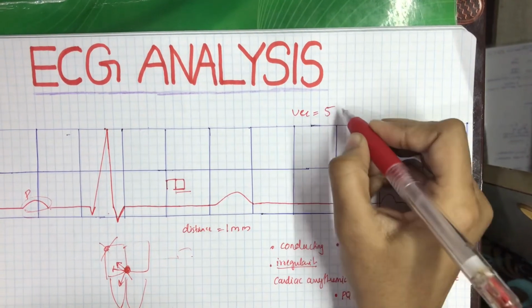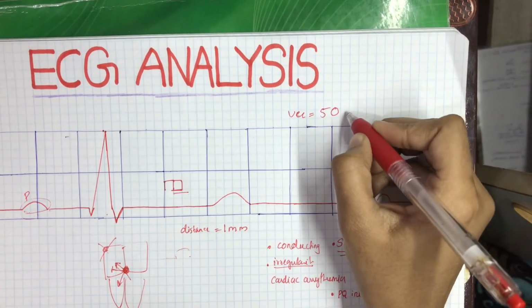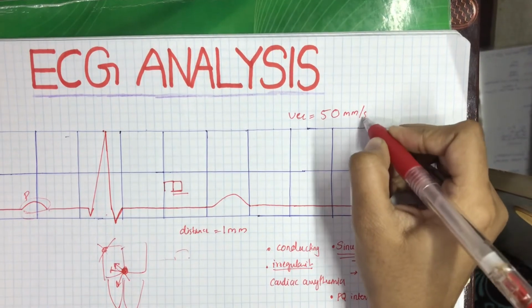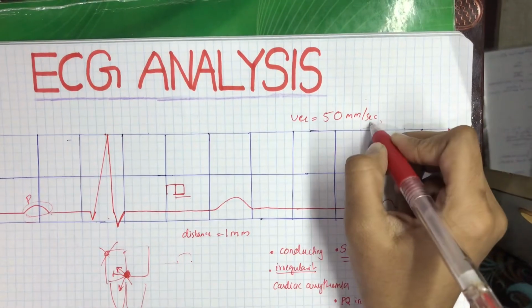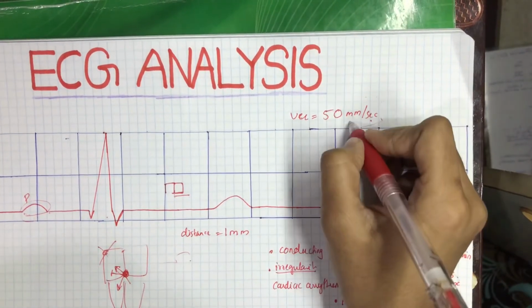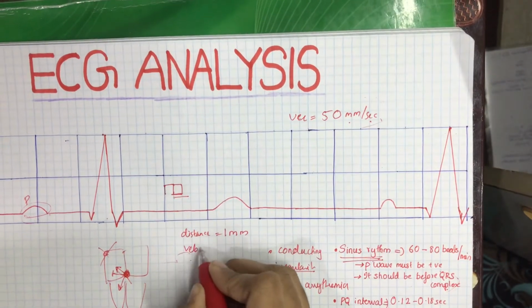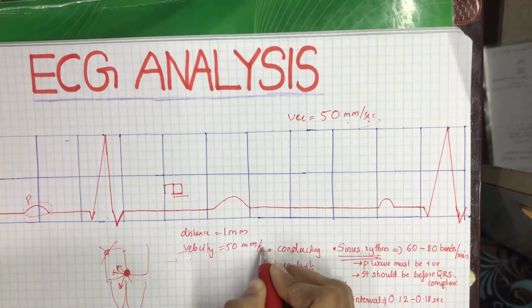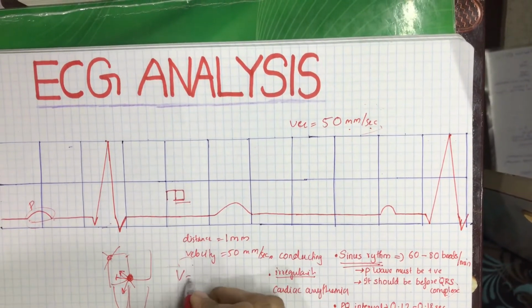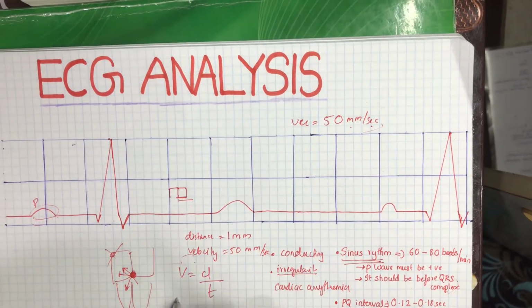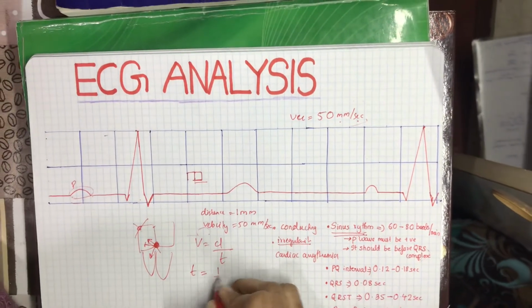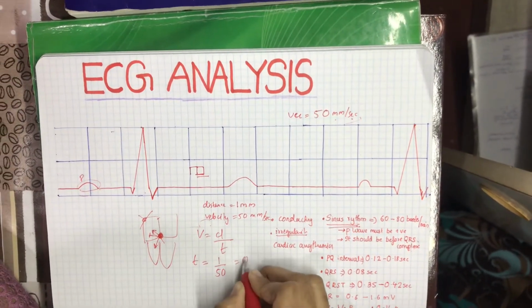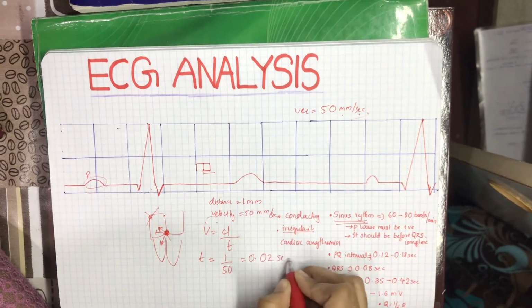In most graphs, the velocity will be 50 millimeter per second. So I am taking this as the velocity, 50 mm per second, and we know that velocity is distance by time. So the time has to be 1 by 50, which is equal to 0.02 second.